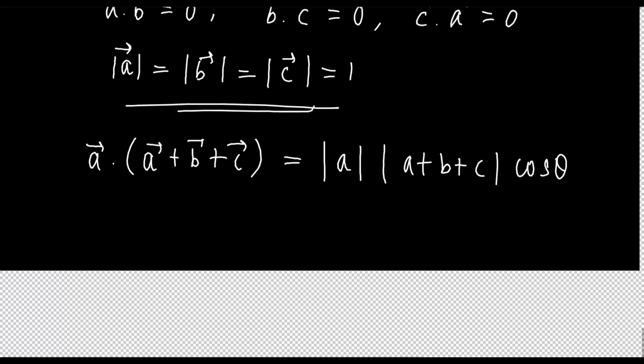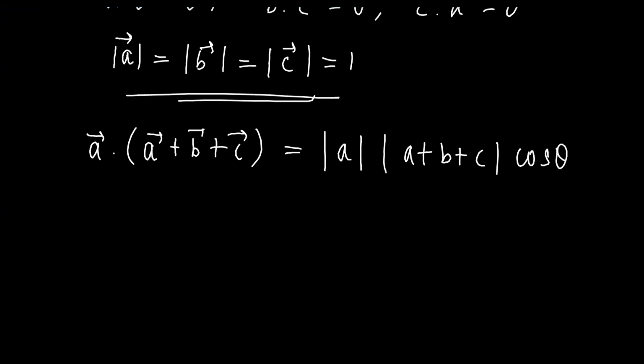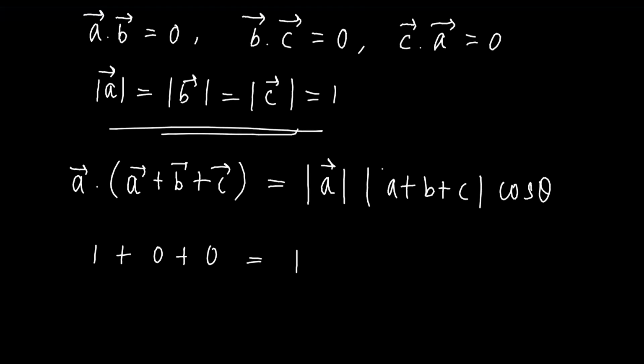Now if we multiply this out, a dot a is 1, plus a dot b is 0, plus a dot c is 0. The magnitude of a is 1.